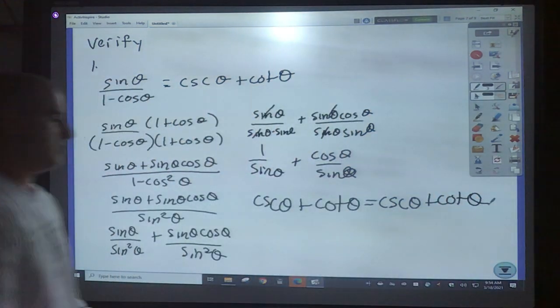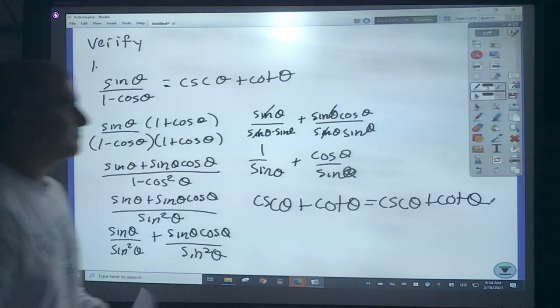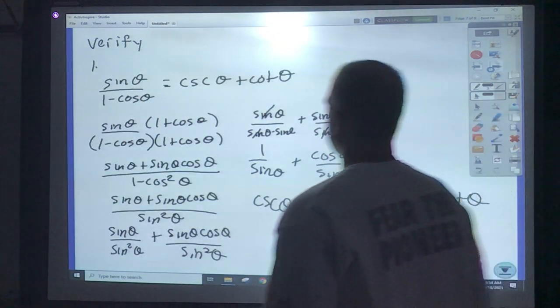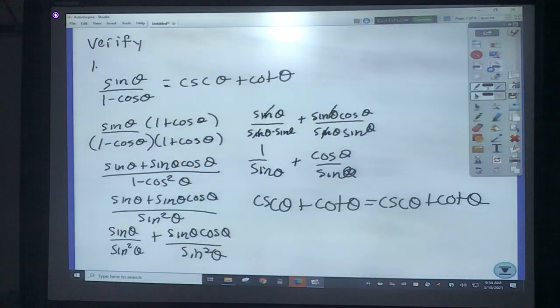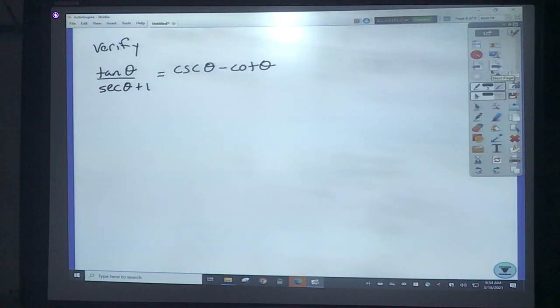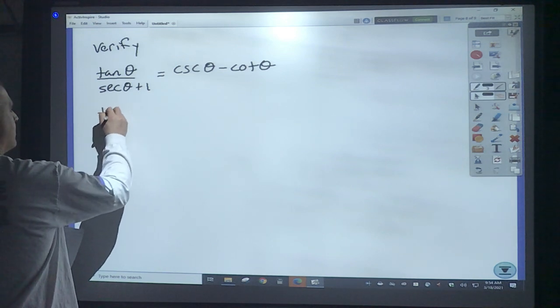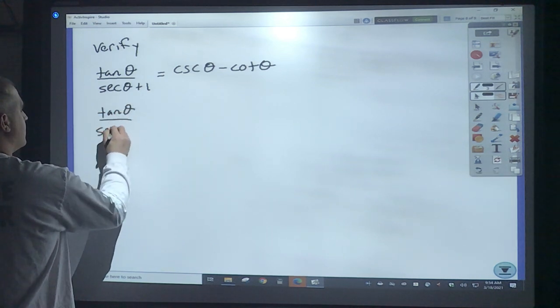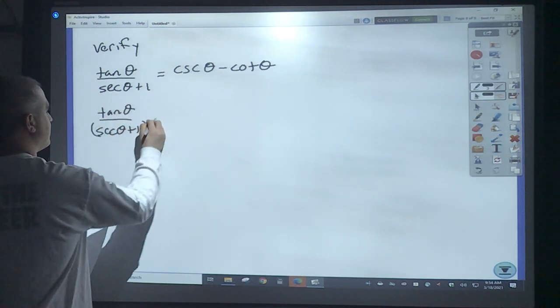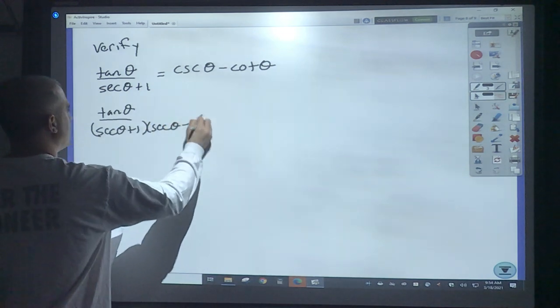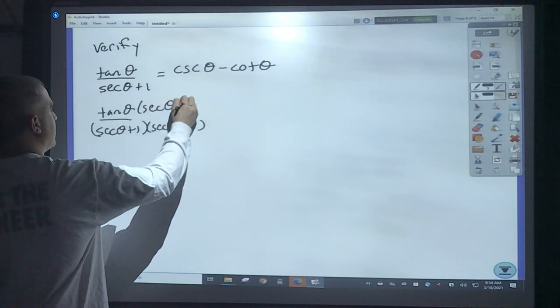Okay, so you're looking just to solve the next problem. Okay, let's do this one. So what I would do is take tangent of theta, secant of theta plus 1, and I would multiply by secant of theta minus 1.